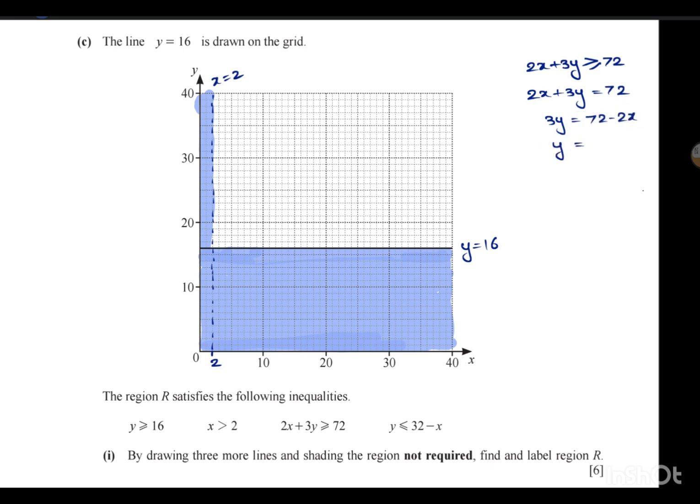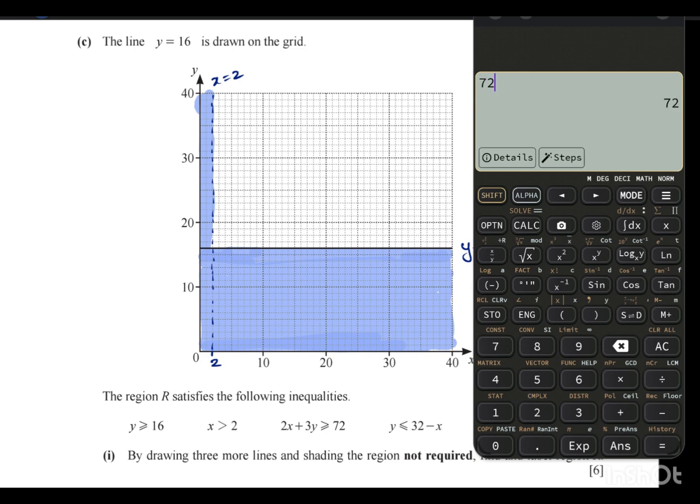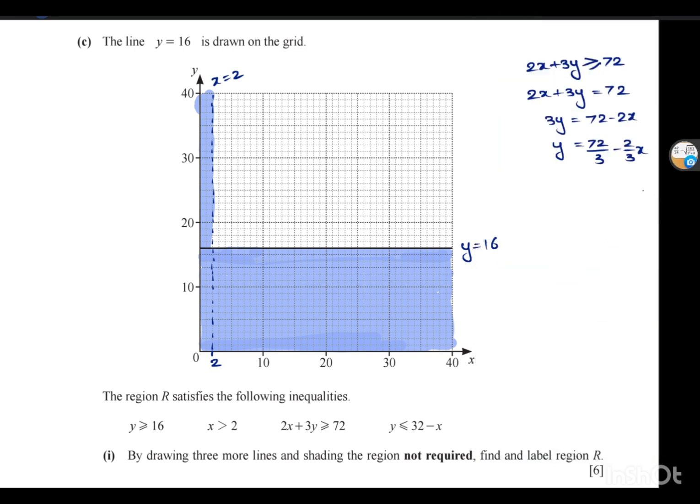Dividing by 3, 72 by 3 minus 2 by 3 x. 72 divided by 3 is 24. So y is equal to minus 2 by 3 x plus 24. So the y-intercept is 24 and the gradient is minus 2 by 3.